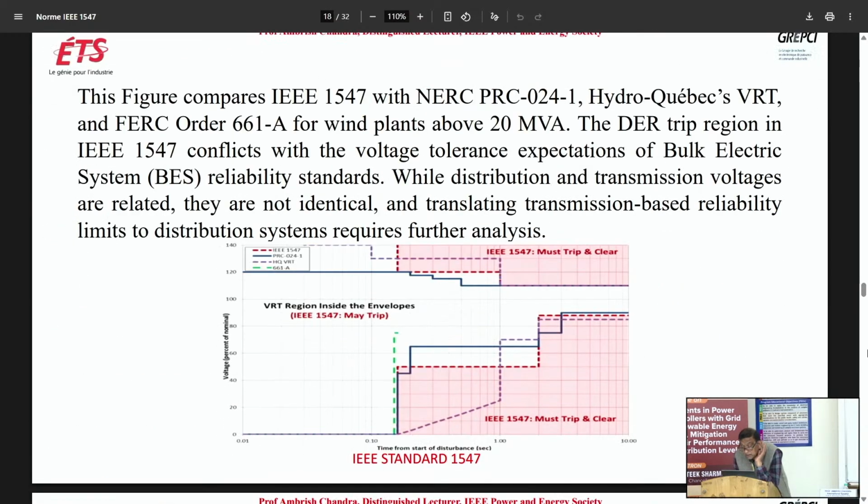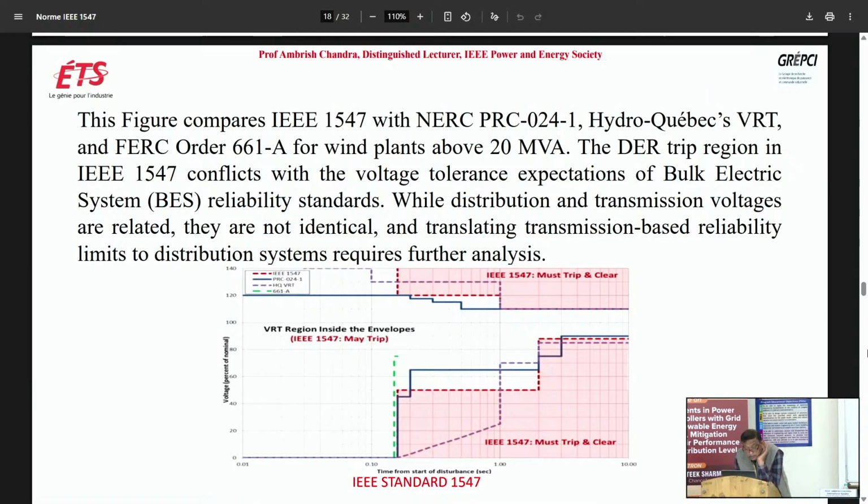Now there is NERC, which is the North American Electric Reliability Corporation, and it has protection and control standards. So NERC has its own standard. FERC, the Federal Energy Regulatory Commission, has its own standard. So you see, different people have different standards. But this is IEEE 1547.